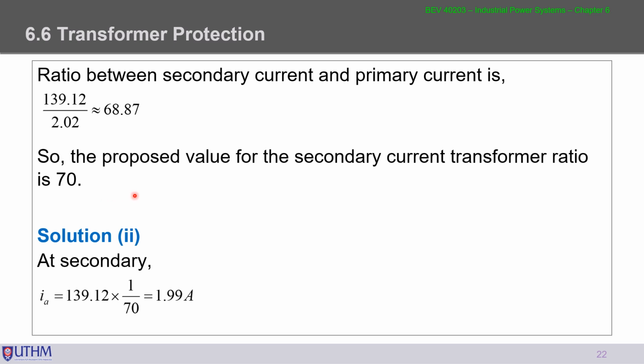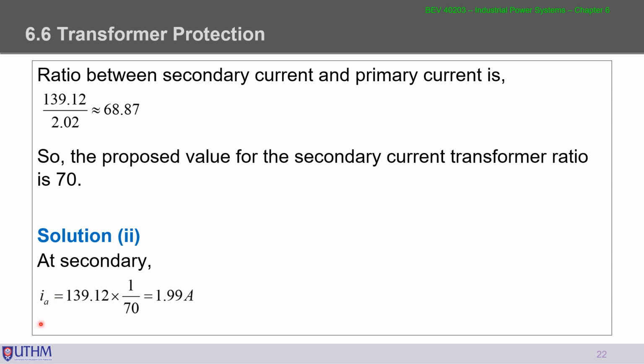Okay, next is the solution for question number 2. Question number 2 needs us to identify the differential percentage between the incoming current and the outgoing current. So first we have to calculate IA. IA is represented as the A phase at the secondary side.